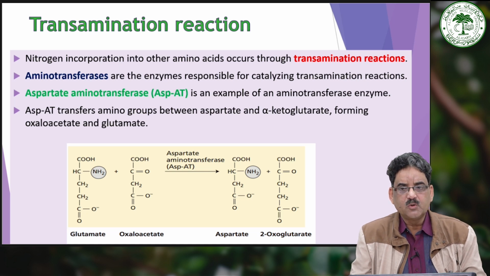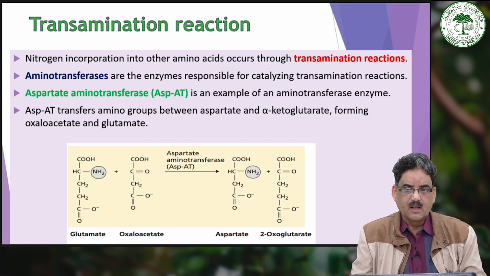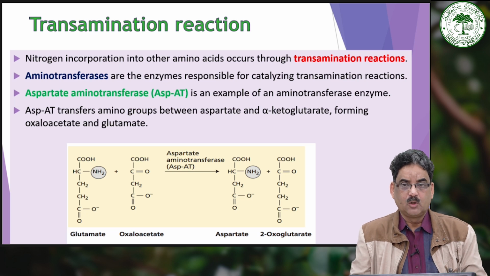It's important to note that all transamination reactions require pyridoxal phosphate, a form of vitamin B6, as a cofactor. Aminotransferases are distributed across various cellular compartments, including the cytoplasm, chloroplast, mitochondria, glyoxysome and peroxisome.